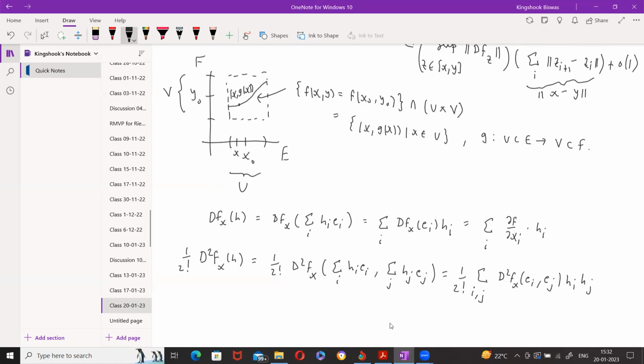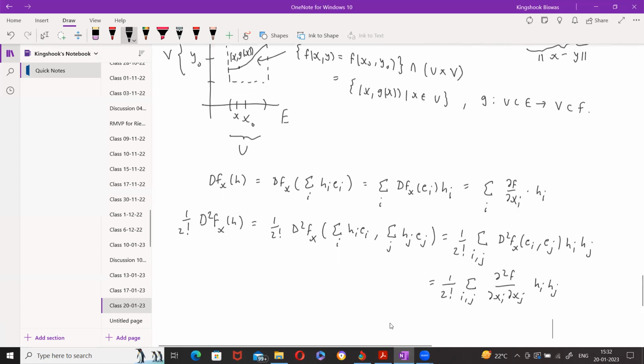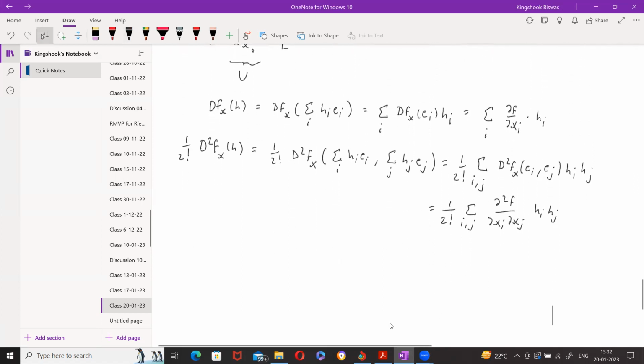And d squared f at x applied to e_i e_j, as we've already seen, is the second partial derivative del squared f del x_i del x_j, into h_i h_j. Is this clear? So this is a quadratic polynomial in h. All right. Is it clear?